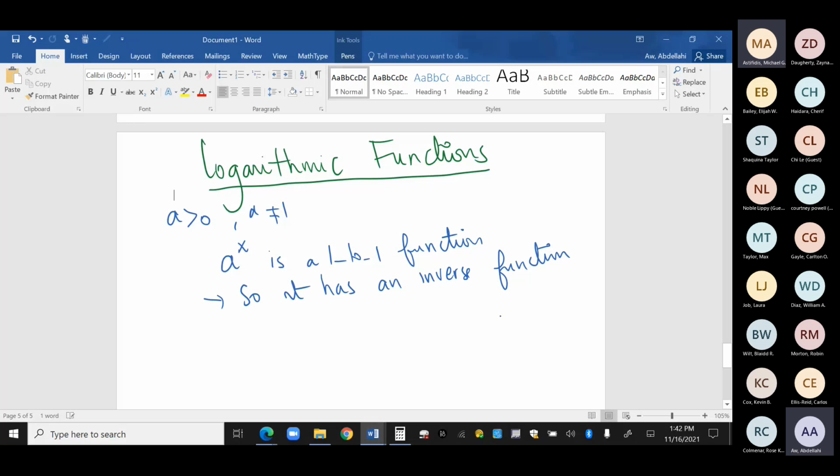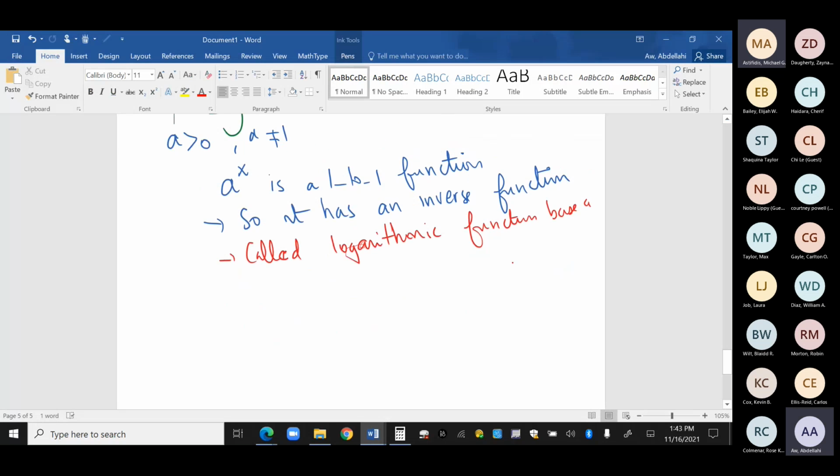And that inverse function is called the logarithmic function base a. Okay, that is the inverse function.